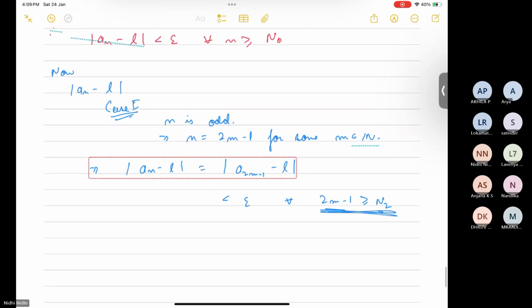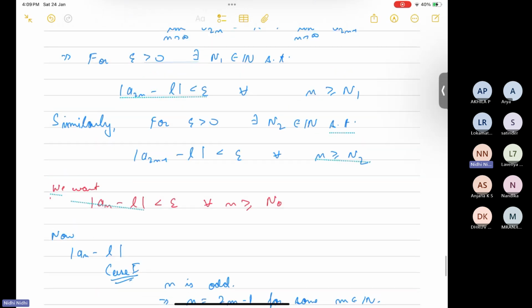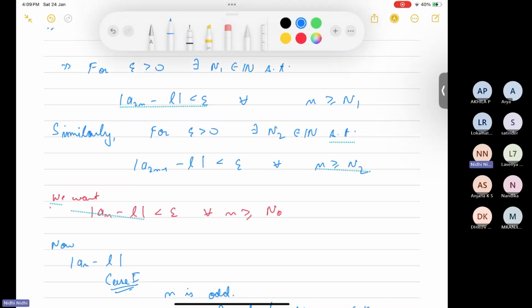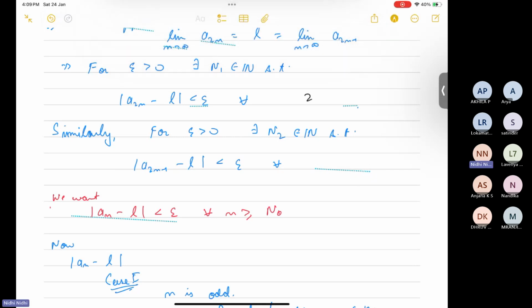This was 2n greater than or equal to n1 and 2n minus 1.